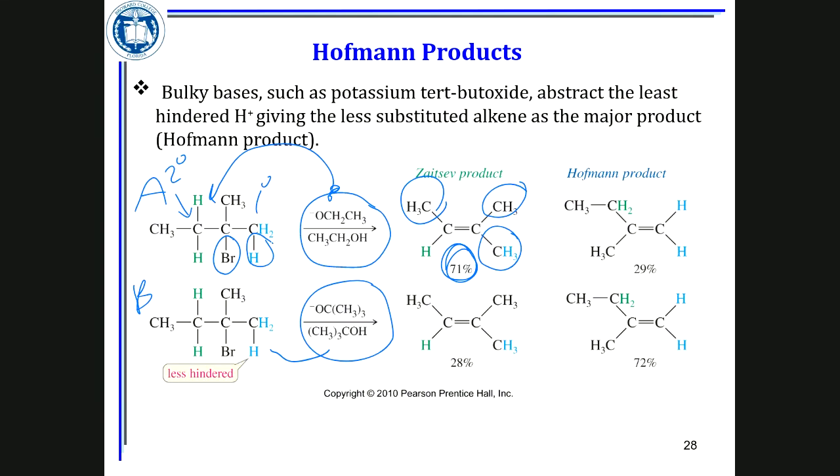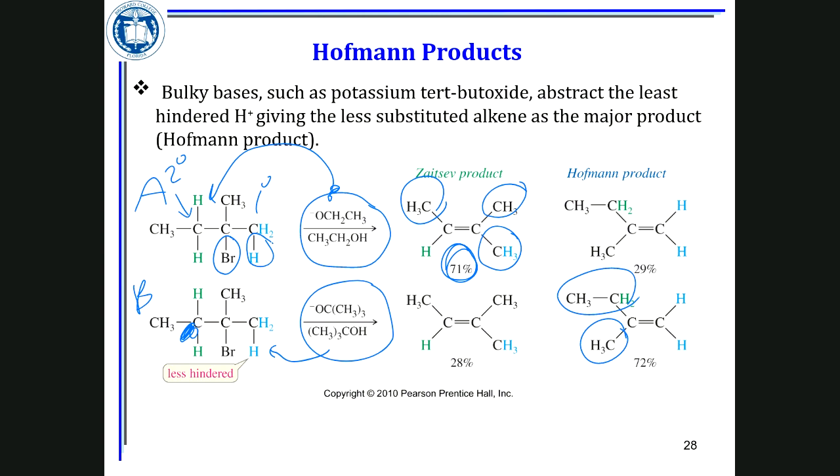And the advantage is that this is more accessible, and your bulky base cannot go in and grab the hydrogen from this area because it's highly substituted. Then your final product is going to have a lower number of alkyl groups around the carbon-carbon double bond. So you have two alkyl groups around the carbon-carbon double bond.